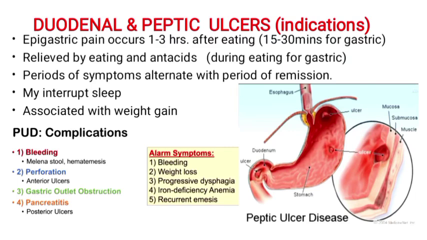But for gastric ulcer, the pain occurs during eating or 15 to 30 minutes after eating. During the presence of food in the stomach, the parietal cells secrete hydrochloric acid.